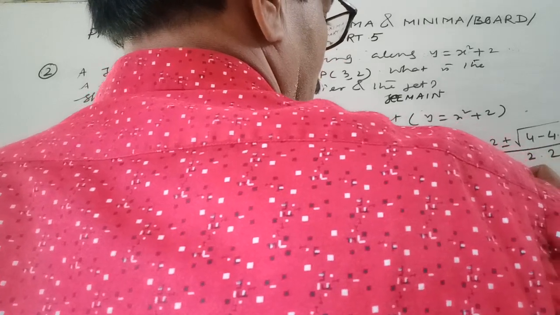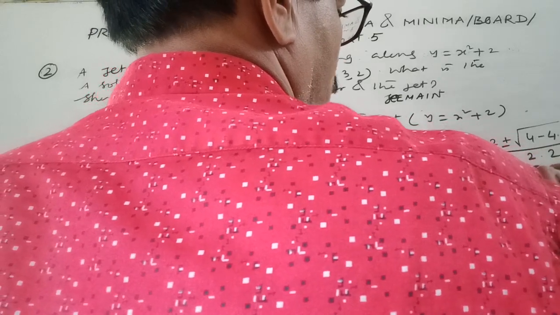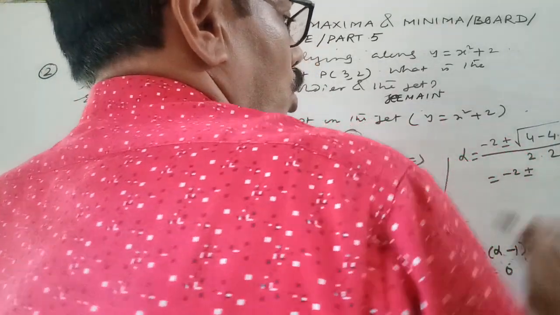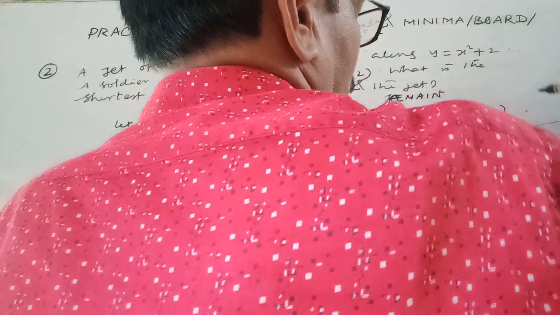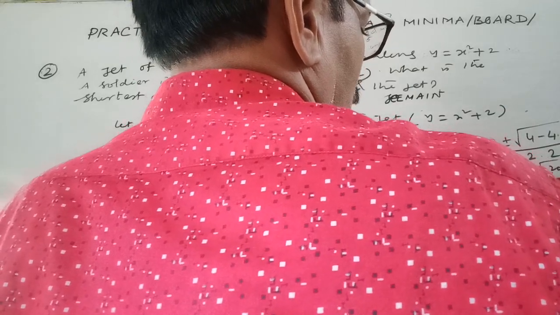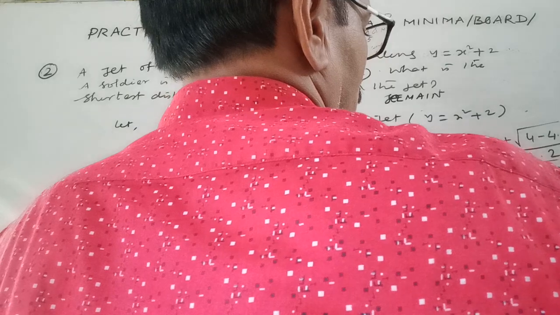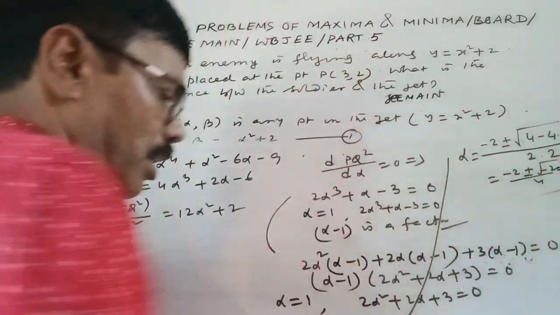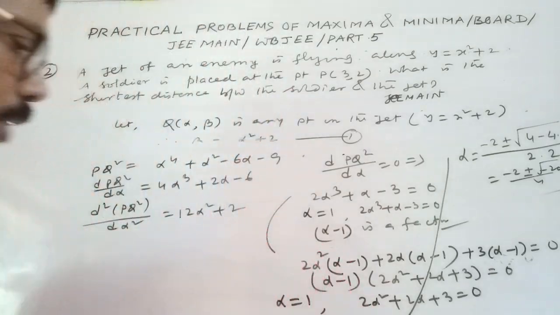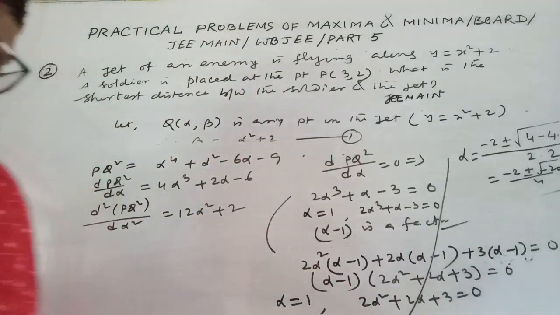So this is imaginary. So minus 2 plus minus root of 4 minus 24, so minus root over 20, does not belong to R. So you are getting only one value of alpha, real value.